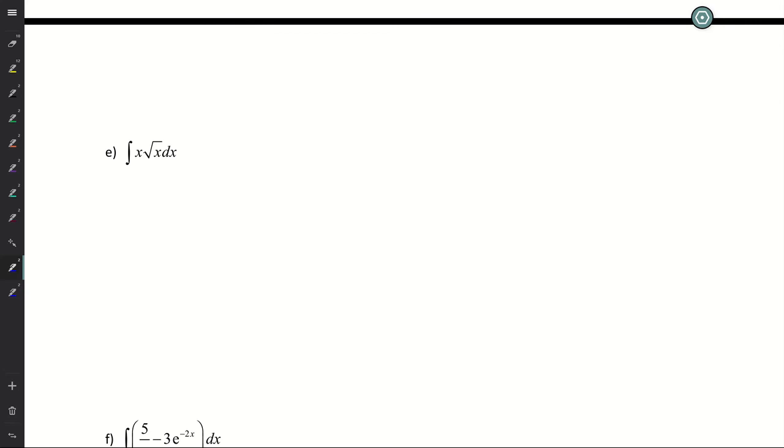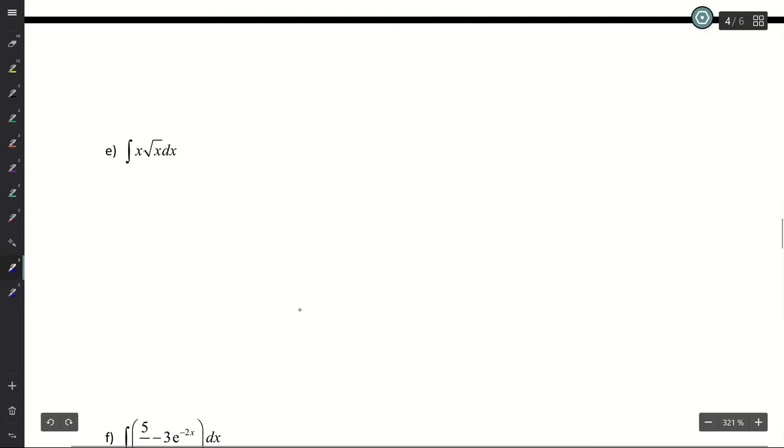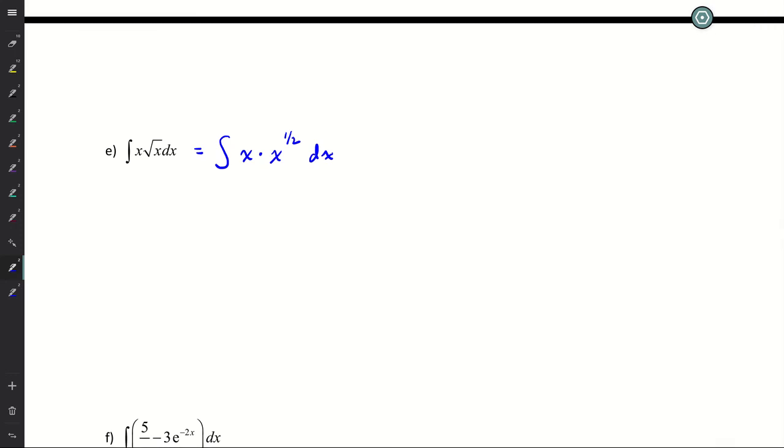So right now, if you have something that's a product, you better be able to change it so that it's not a product. So at this particular step, the very first thing I'm going to do is change that root of x, square root of x, to x to the 1/2. So keep the x that was in the front, change the square root of x to x to the 1/2. Then I need you to remember some rules of exponents.